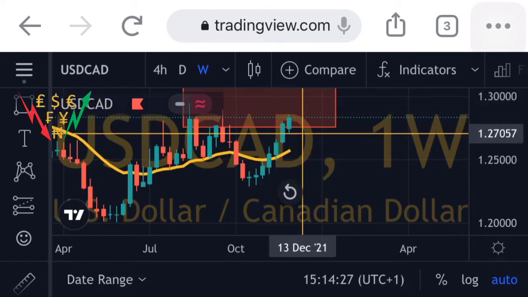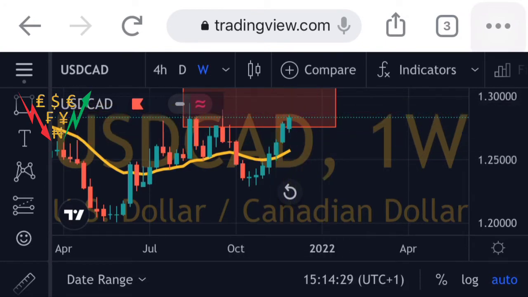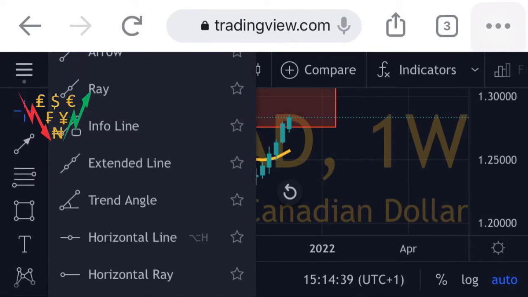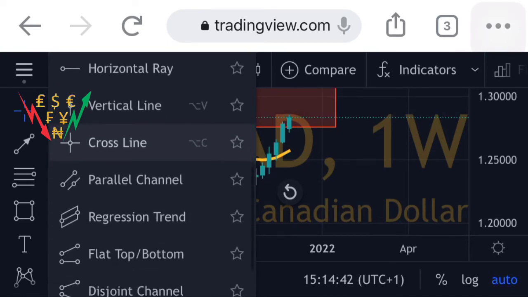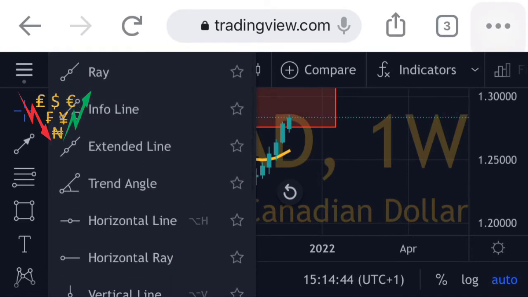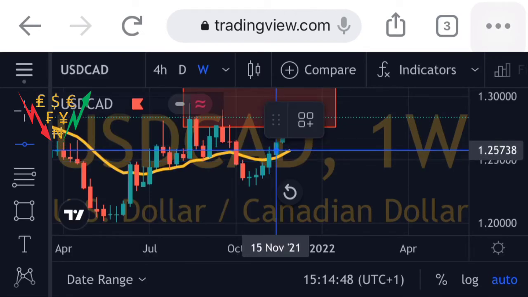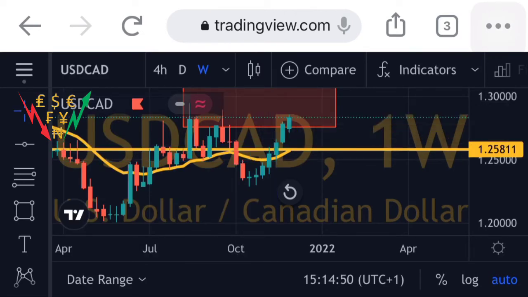This is our zone here. This is our range, kind of, and there is a resistance level. Remember my resistance level, I used my moving average. Why do I use my moving average? Very simple. I say it in all my content, but I'm going to explain why I use it.